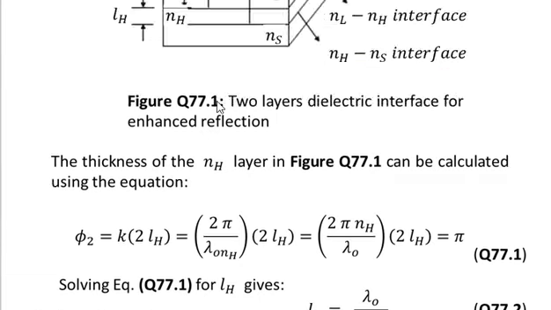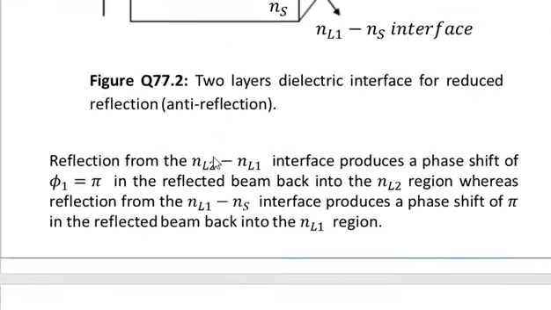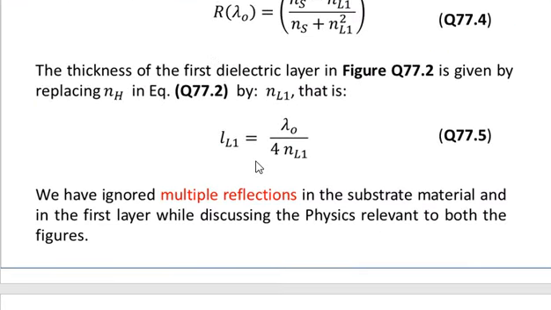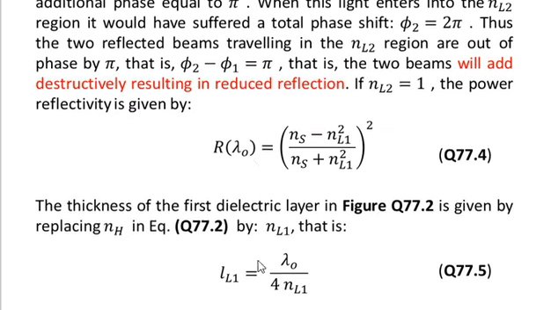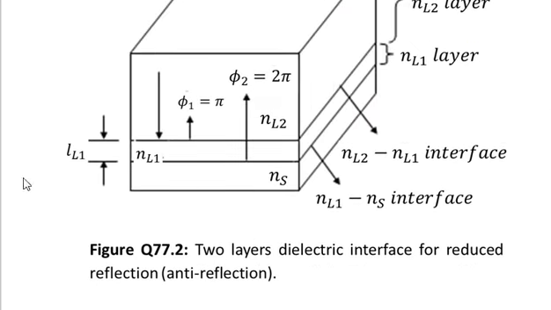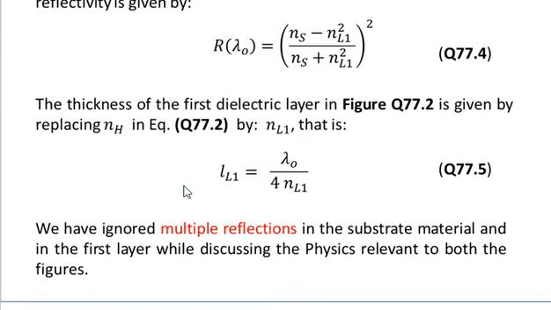So similarly, replacing NH by NL1, we can find the thickness that would produce a phase change equal to pi. So the thickness L1 of the region NL1 is equal to lambda naught over 4 times NL1, as shown in equation number 5.